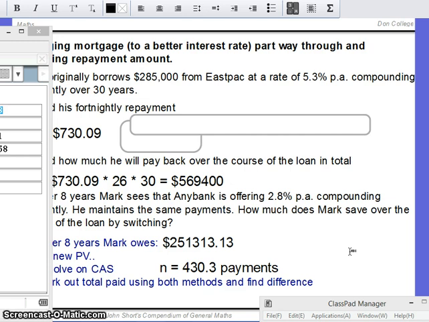Okay, so what we want to do now is work out how much did we pay, or would we have paid using the old method, which was $569,400.